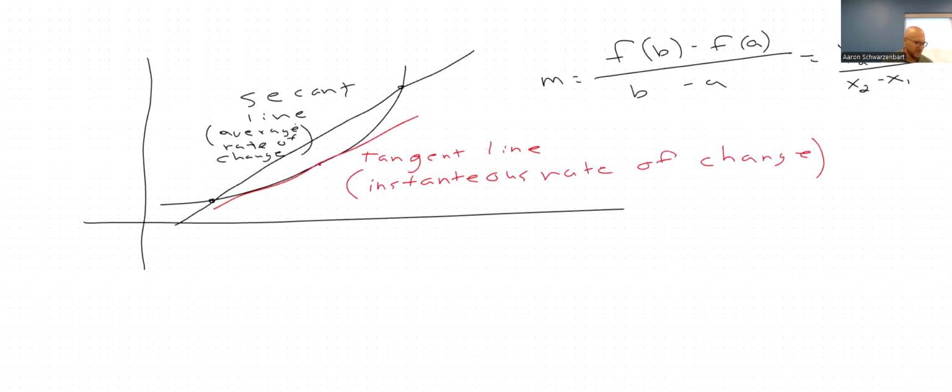The tangent line can be found from this little formula that we used in pre-calc, called the difference quotient.